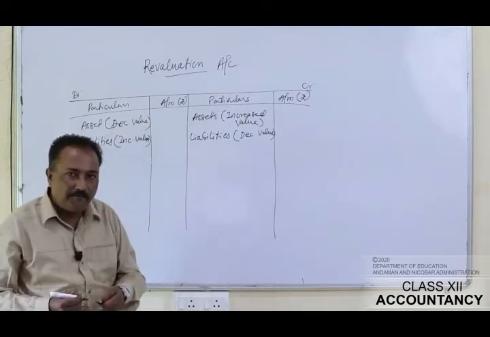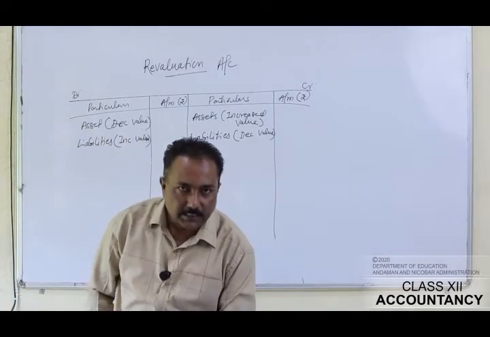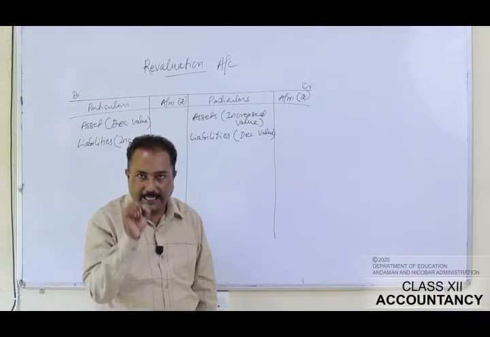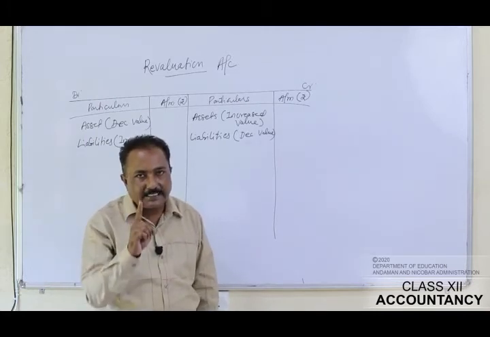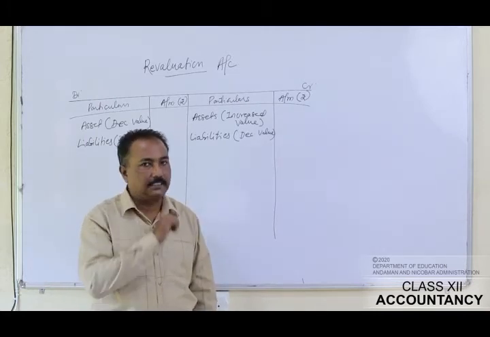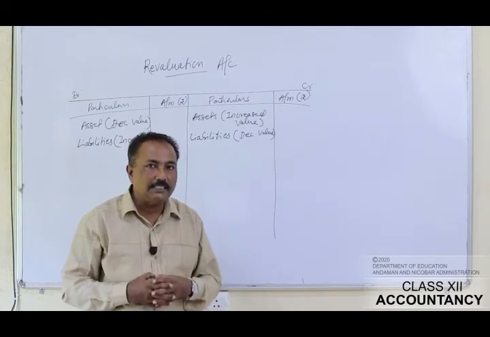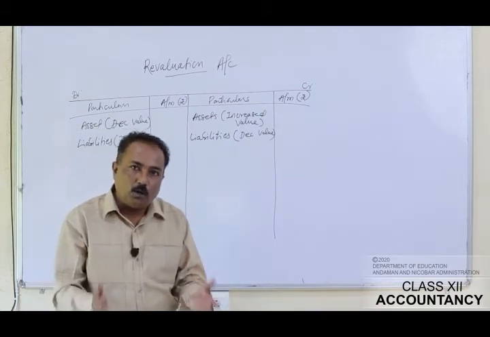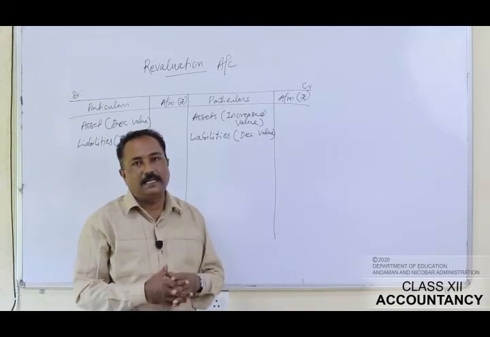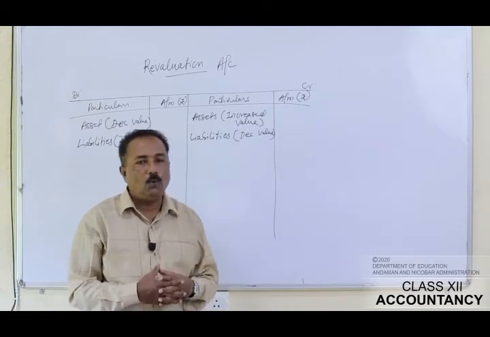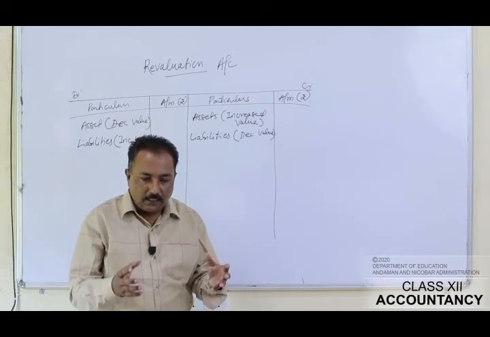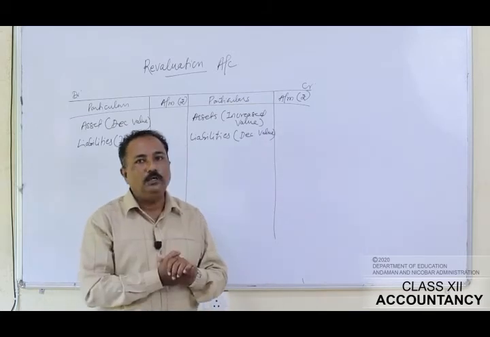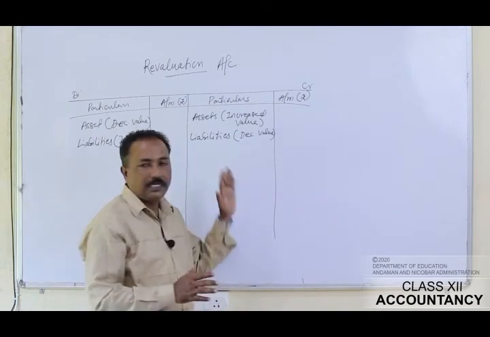Now, apart from these things, two things more are there, and they are if there is any unrecorded assets. What are these unrecorded assets? Unrecorded assets are those assets which are not shown in the old balance sheet. If it is not shown in the old balance sheet, then now you will have to take it into account, and you will have to record it in the revaluation account.